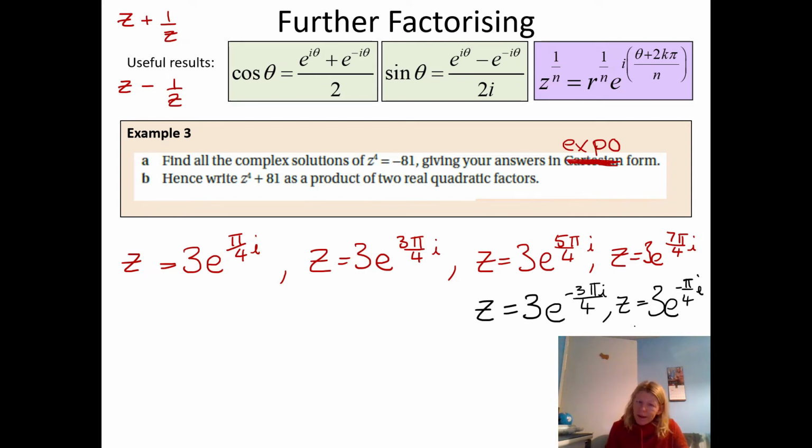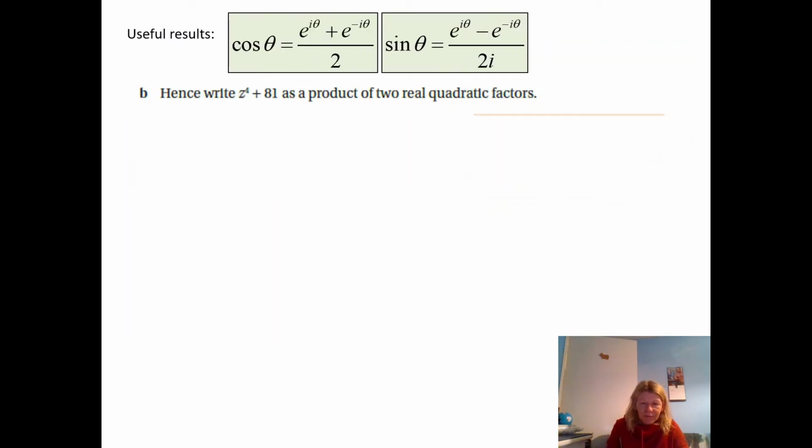Now part B, write it as 2. We'll see what happens here if we've got them in this form. So in this form, I'll write them out. It looks nicer, but actually it's more complicated, but it's what I've seen on mark schemes in the past. So I'll write this out. z minus 3e to the pi by 4i.